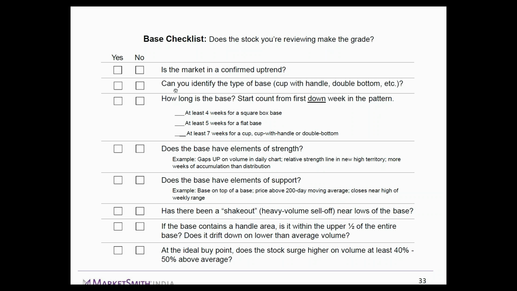The next point on the checklist is, can you identify the type of base? As we have just seen, there are different depth and week criteria that the consolidation needs to meet before it can form a pattern.